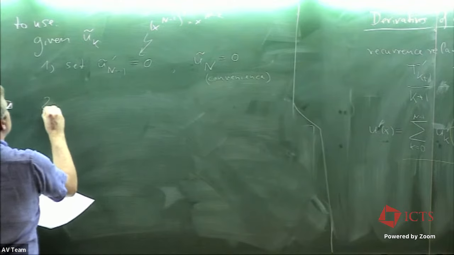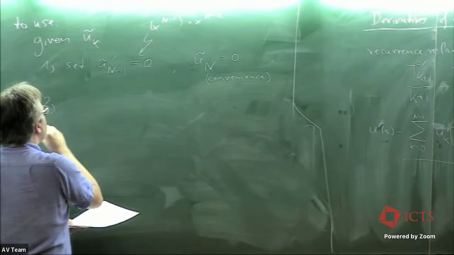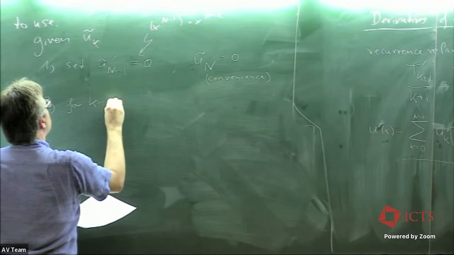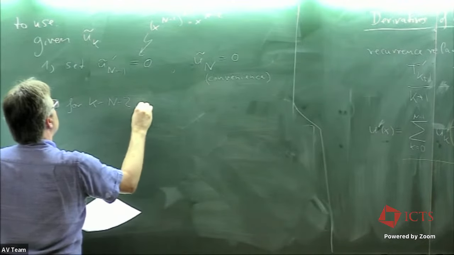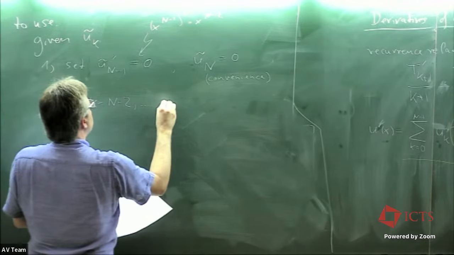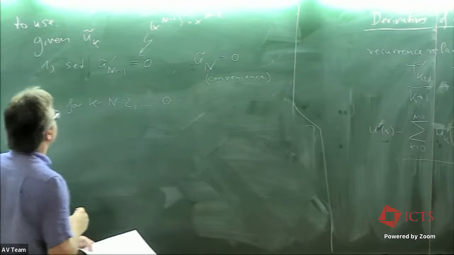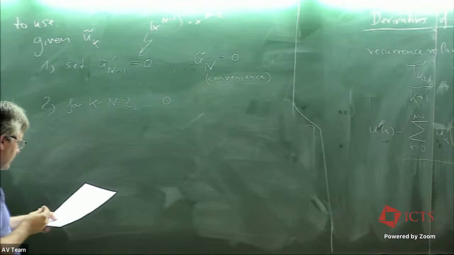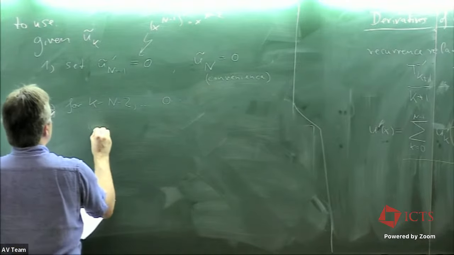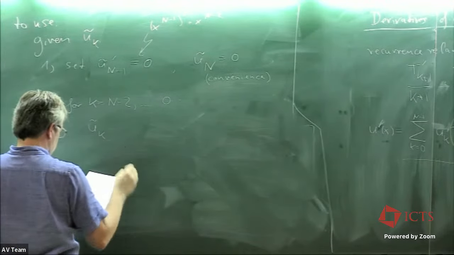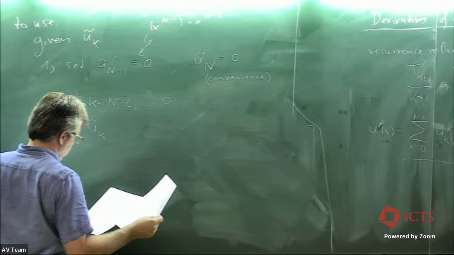And now we can loop from large k down to small k. And we can compute, how to do this on the next page.